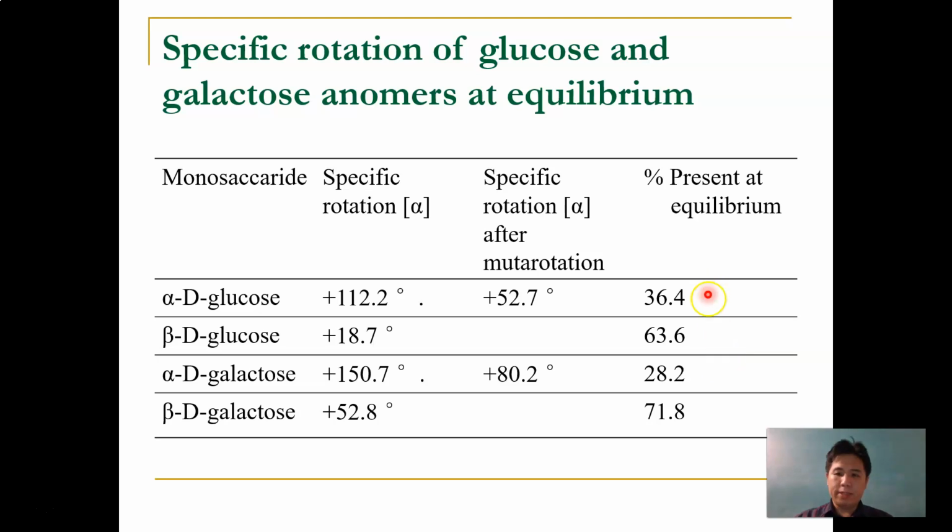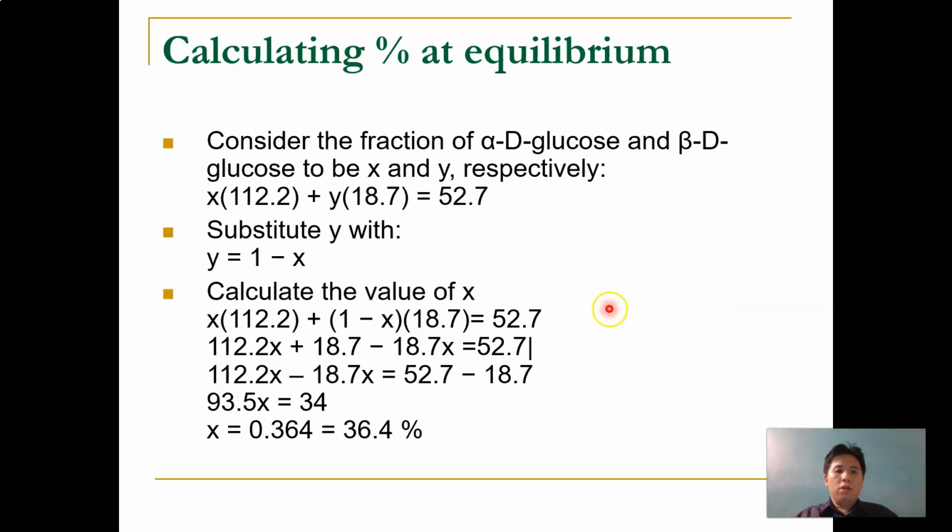And how do we calculate this percent at equilibrium? Quite simple actually. You know there's an X amount of alpha, a Y amount of beta, and this is the optical rotation. So this is after equilibrium. At equilibrium, there's a certain amount of X, a certain amount of Y. So substitute Y with 1 minus X, 1 being 100%, X is the fraction.